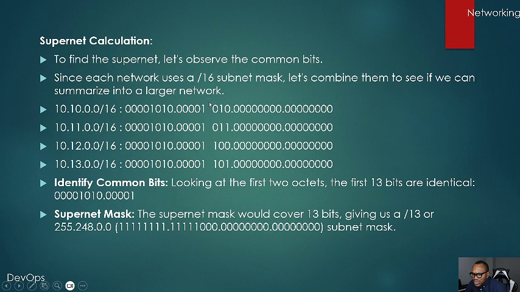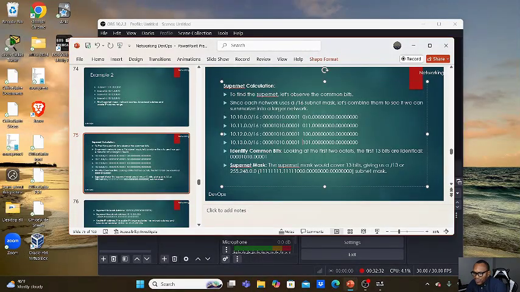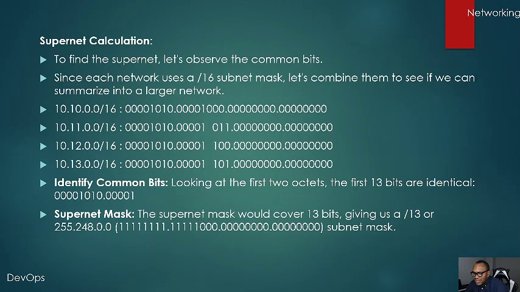Now, as this is the common prefix, all these parts will be 0. It's just like you turn all these ones to 0, move them together. That will give you your first IP address in this range.